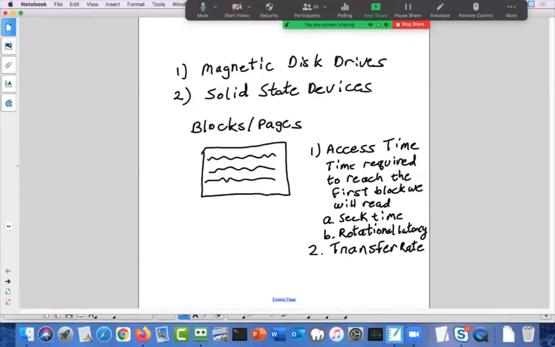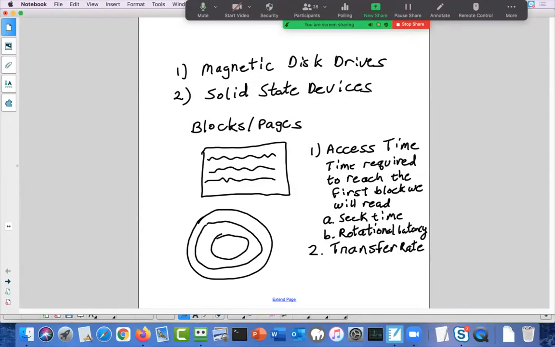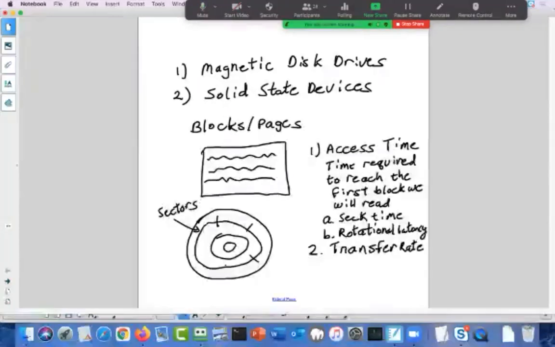So a disk consists of a bunch of platters, and each platter has some number of rings on it, which can be called sectors. We'll call them sectors. And then each sector is divided into our blocks.